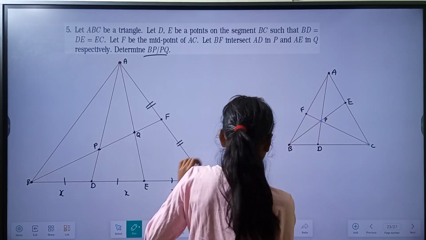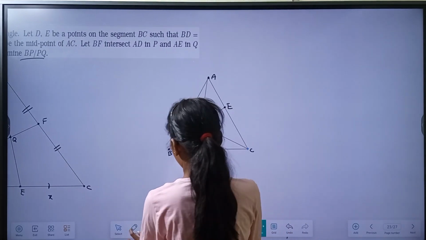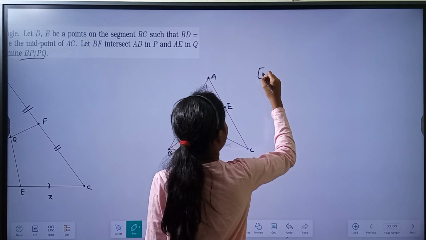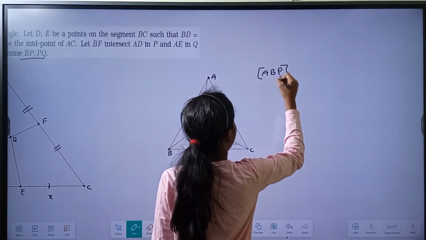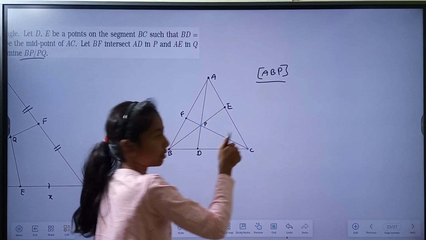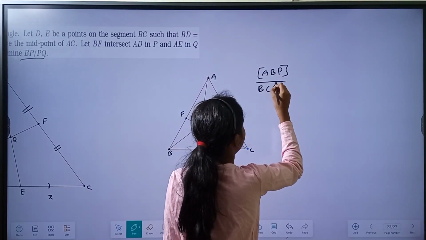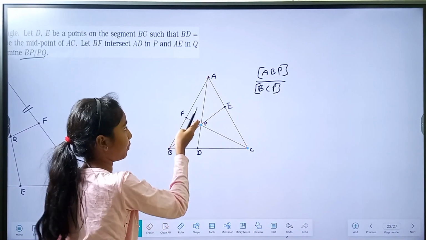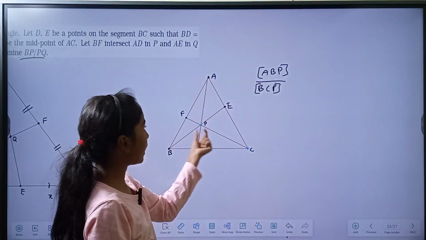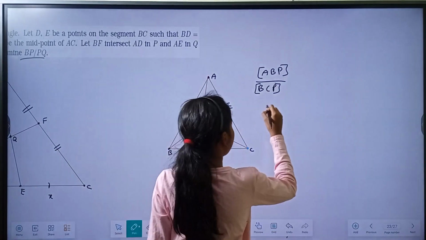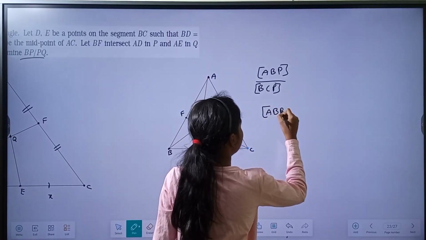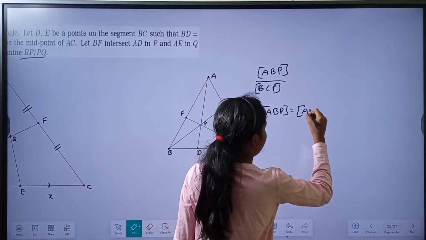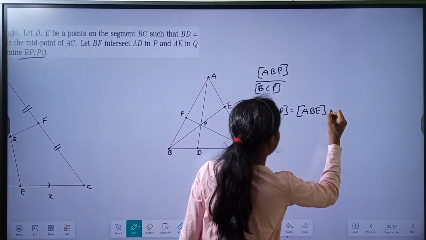Now let us find the ratio of the areas of ABP divided by BCP. So this is the triangle ABP. We can say ABP is equal to ABE minus APE.